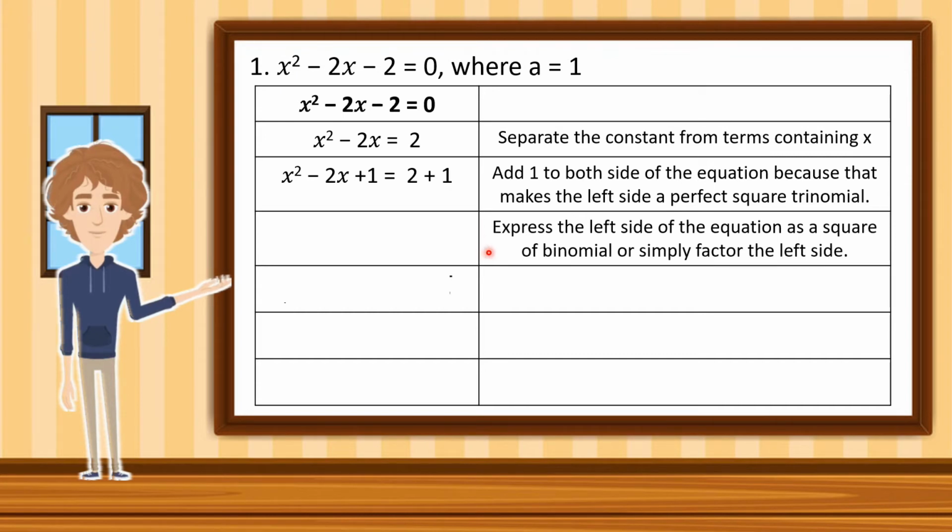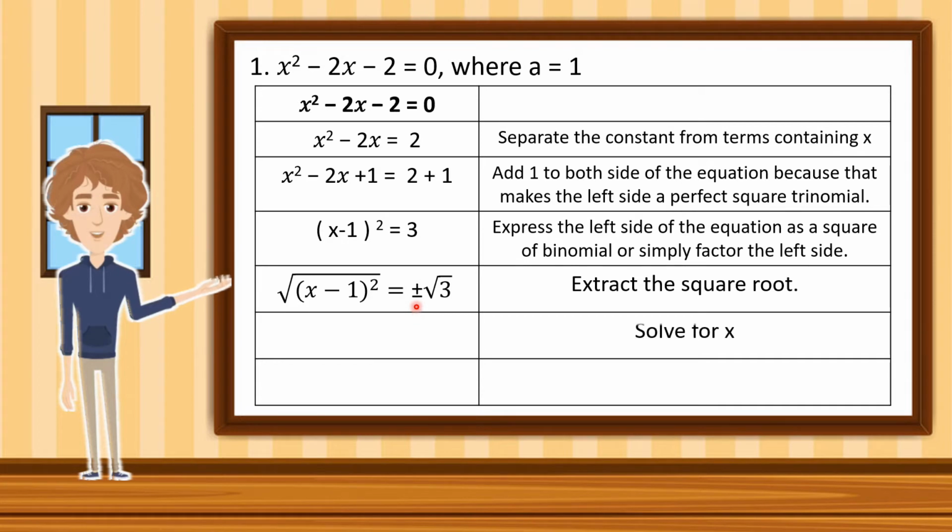Next, express the left side of the equation as a square of binomial, or simply factor the left side. And there you go. x minus 1 quantity squared is equal to 3. Then it is time to extract the roots. So the square root of x minus 1 quantity squared is equal to positive or negative square root of 3.